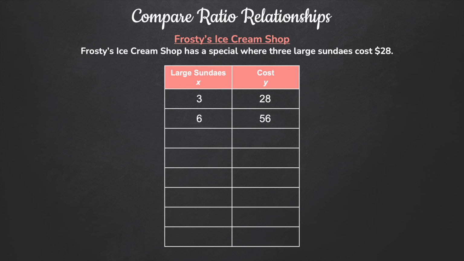Every time we get 3 more large sundaes here, the cost is going to increase by 28. So we're going to go ahead and fill in a few of these. And again, we're maintaining an equivalent ratio because we're going up by 3 large sundaes and increasing by $28 each time.